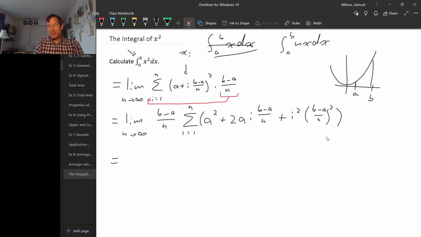The only thing that I really see to do next is split this sum up and distribute the sigma.